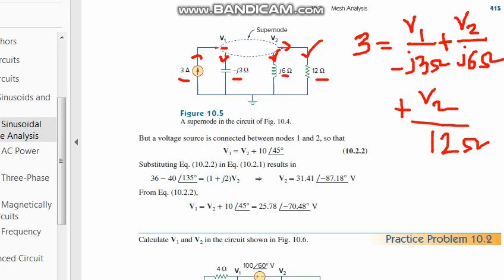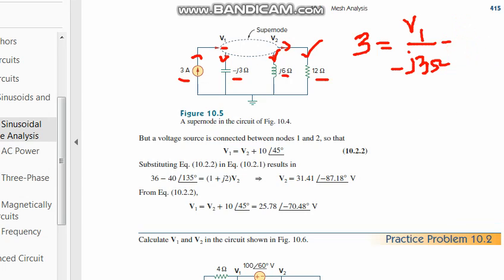There are 3 branches, this one dominated by V2 and this one by V1. You can easily understand this by Kirchhoff's current law, which we have applied in that section.